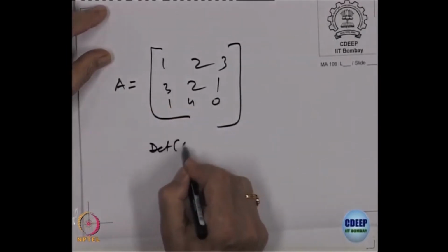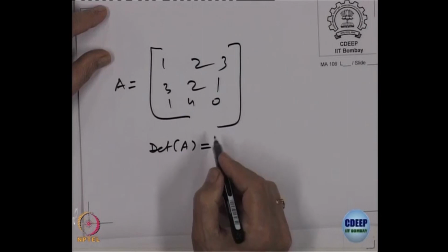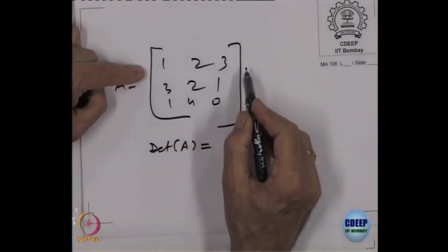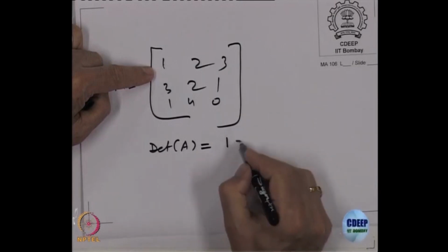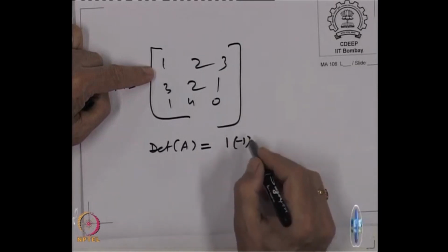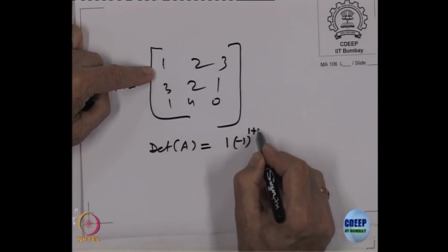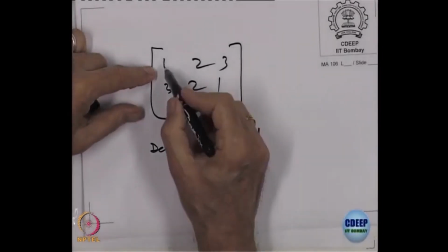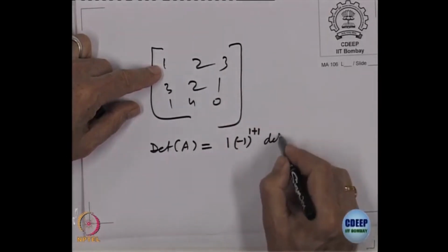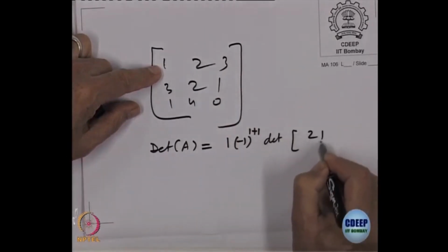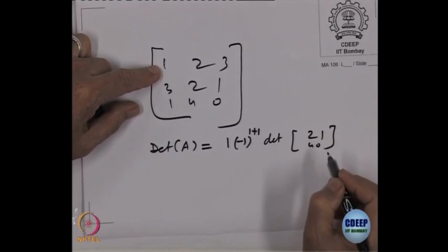Expanding determinant of A, what we normally do is, let us say by first row. So you look at the coefficient, that is 1 multiplied by minus 1 raised to power 1 plus 1. Forget this row and forget this column. So you write determinant of 2 1 4 0, right.